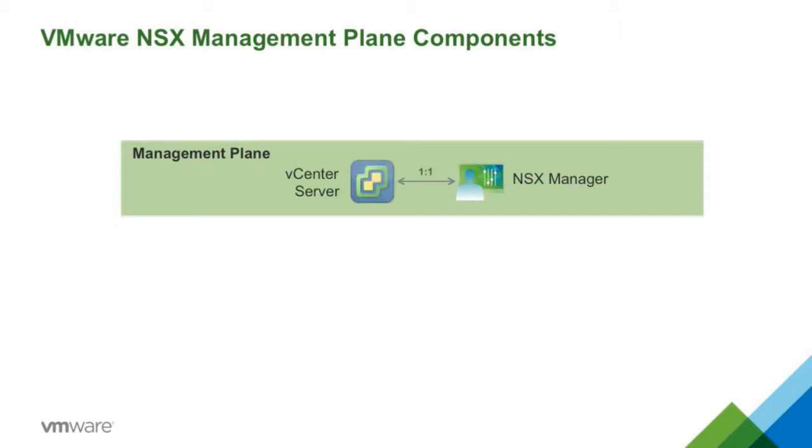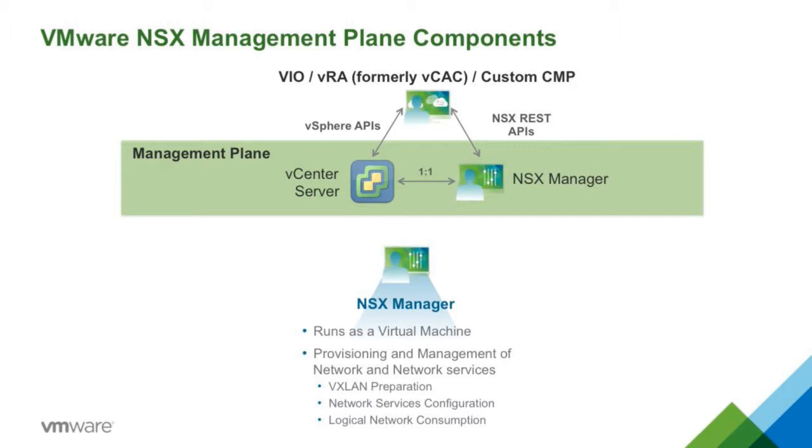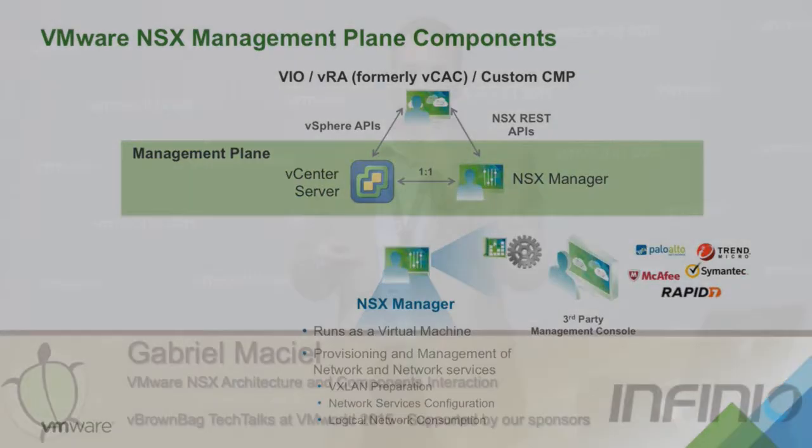And then we will provision from there the centralized components, and at the same time, we are going to provision the controller cluster VMs. We are going to prepare the ESXi hosts, and the NSX Manager provides the entry point for third-party vendors to register their services as well, right?